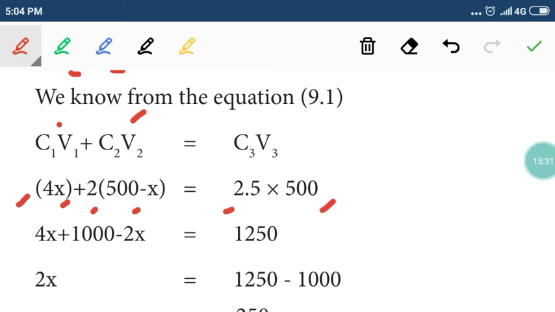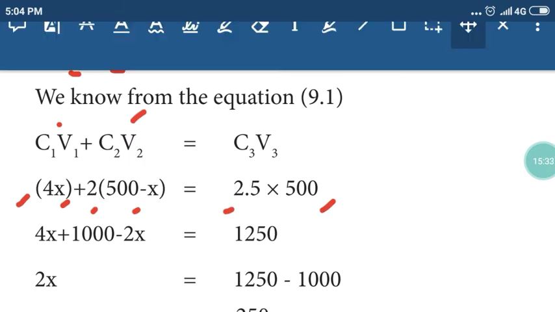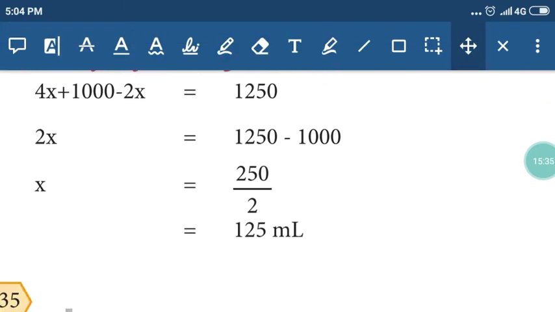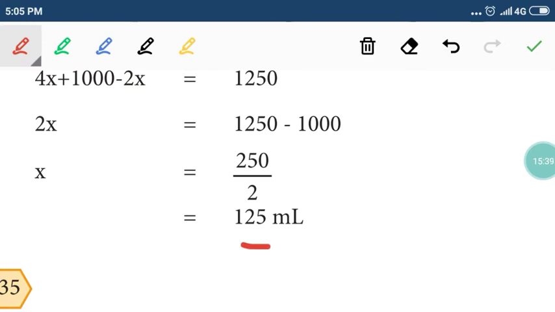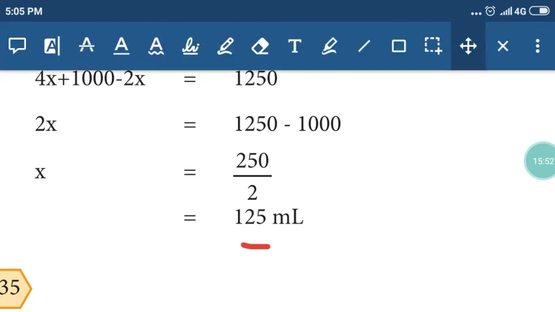So from this you can calculate what is the X value. X value is calculated as 125 ml. So we need 125 ml of 4 molar hydrochloric acid. How much remaining? 500 minus 125, so 375 ml of 2 molar hydrochloric acid is required.